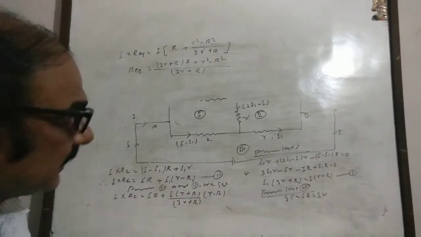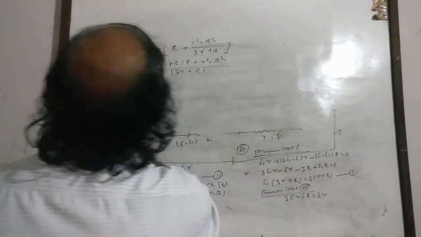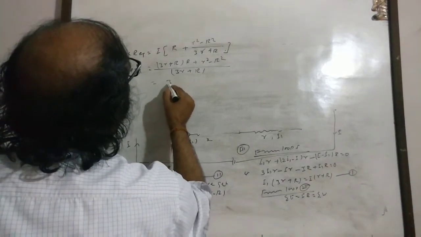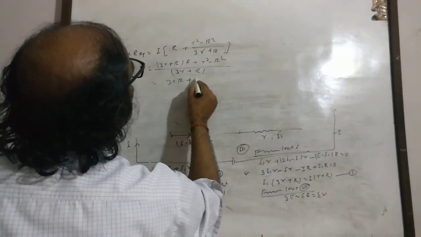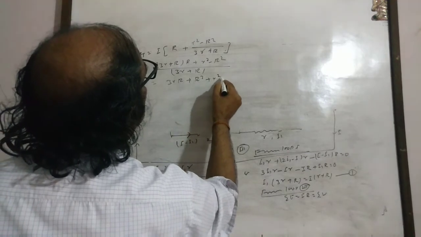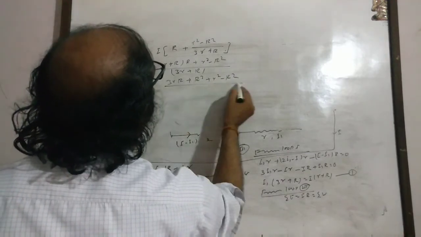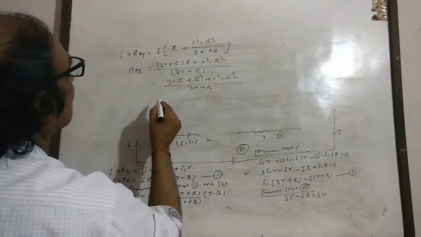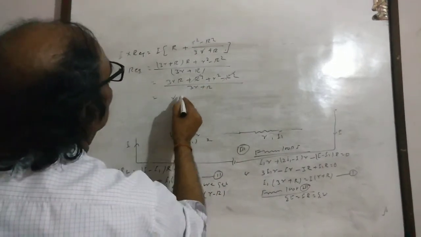And now three R plus R square plus R square minus R square over 3R plus R. This one is cancelled. R is taken as common.